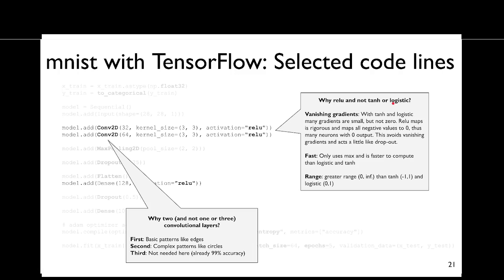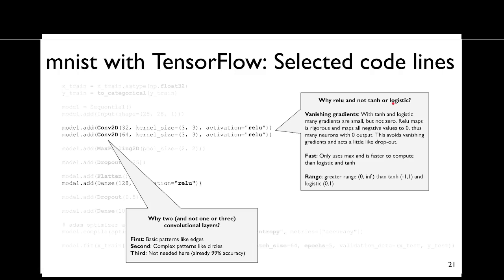That is a problem that appears more frequently with the logistic function and with tangents hyperbolicus, and it's less frequent with ReLU. The reason is that ReLU is very rigorous. Negative values get rigorously mapped to 0, no matter whether it's a small negative value or a really big one.